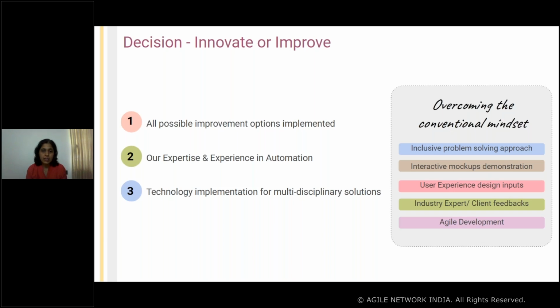So giving them an interactive mock-up demonstration before the actual development happened helped us a lot to get a lot of inputs beforehand, right? And we could improve the workflow and go ahead with the development only once that was signed off.